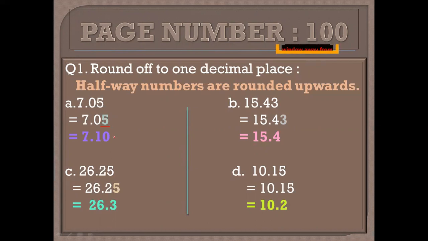The first part is 7.05. According to the rule, we check the hundredths place. 5 lies on the hundredths place and 5 is a halfway number.